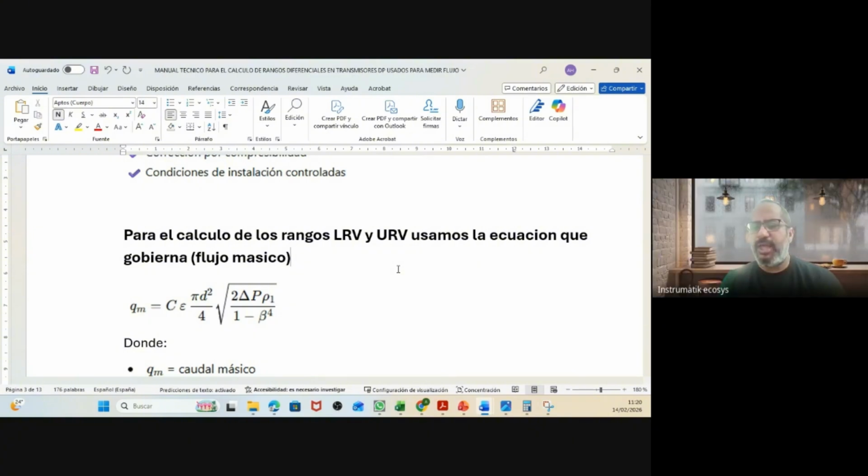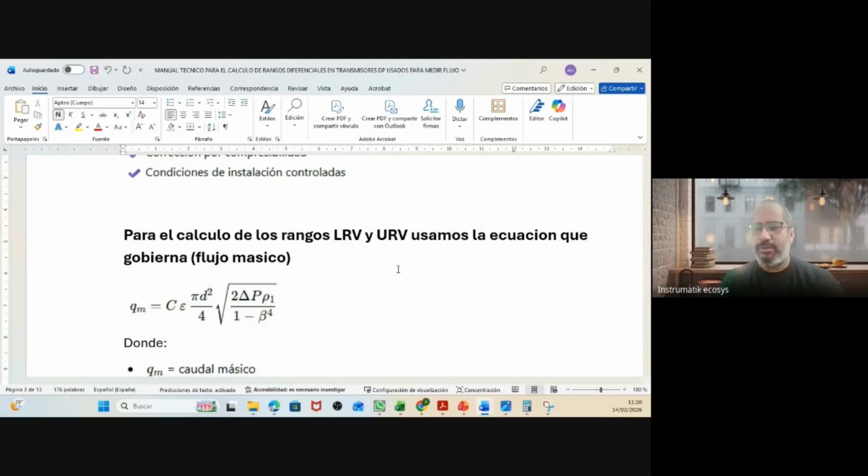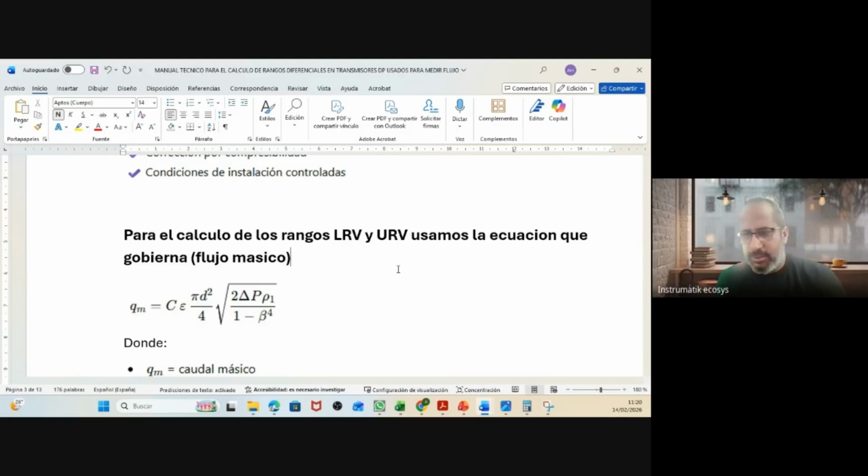Sorry, when you say mm of water, or inches of water? Millimeters of water, yes. Okay, good. There's a unit for differential pressure that we use for these cases, for differential pressure transmitters that are used for flow measurement.